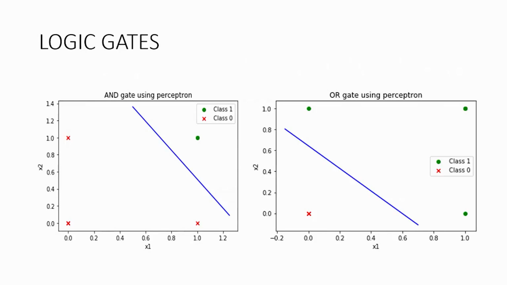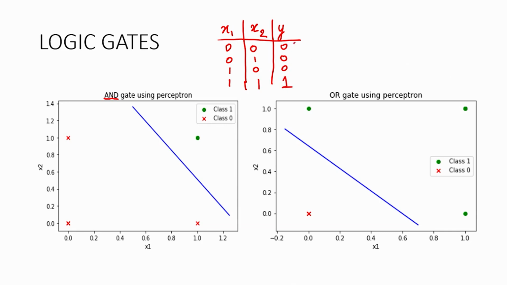We know the truth table of the AND gate, that is, say we have inputs x1 and x2, and the corresponding label as say y. For the cases of 0 0, 0 1, 1 0 and 1 1, we know that the output is 0 for the first three cases and the output is 1 only when both the inputs are 1.